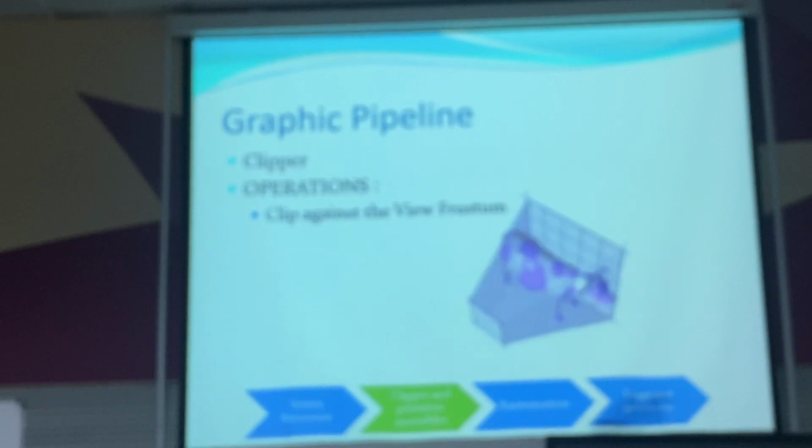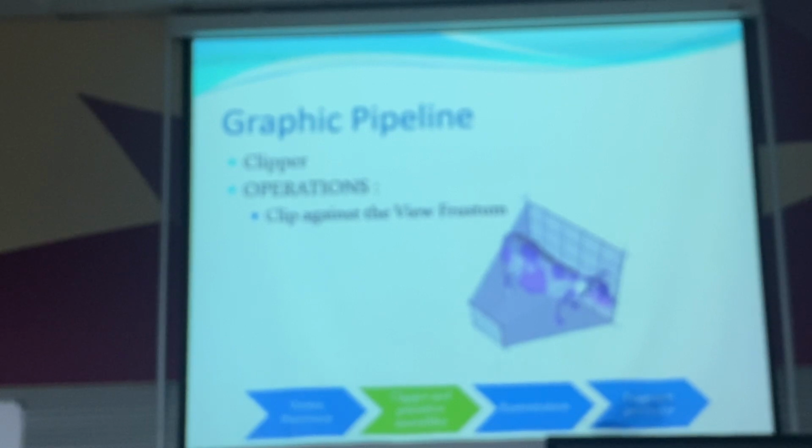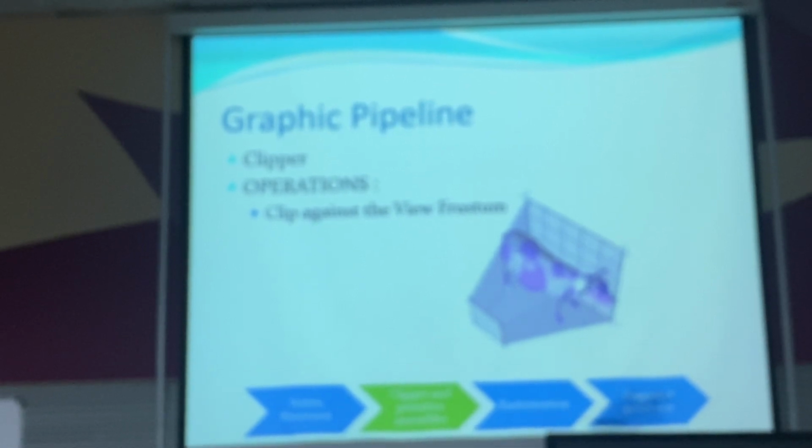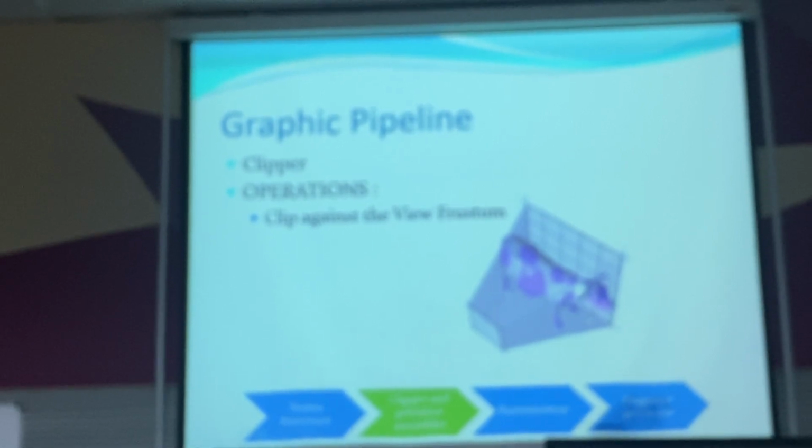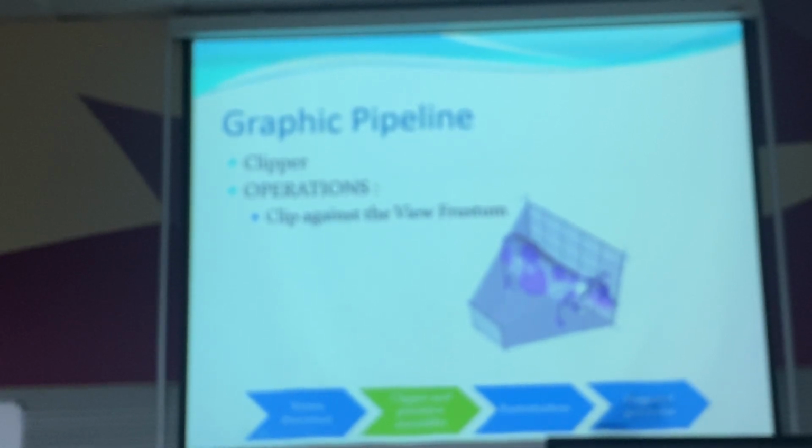Then the clipper will remove, or clip against, or eliminate those unwanted vertices that are outside of your viewing volume. This is your viewing volume. So you see the head of the count is outside of the viewing volume. So all the vertices here will be clipped or removed.